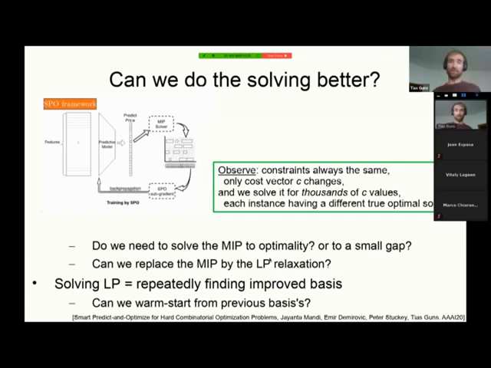And if we're going to solve LP relaxations thousands and thousands of times, we also know that when we solve an LP, in the case of simplex, we repeatedly find an improving basis. So instead of doing this from scratch all the time, maybe we can warm start from previous bases. These are the ways that we could improve the solving.